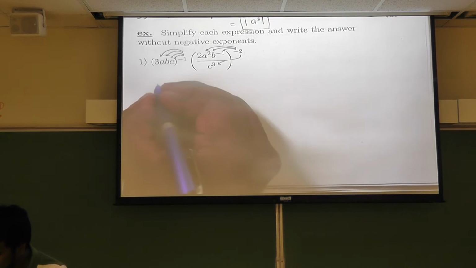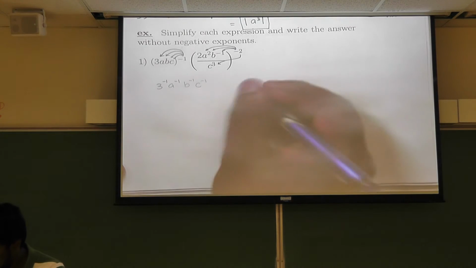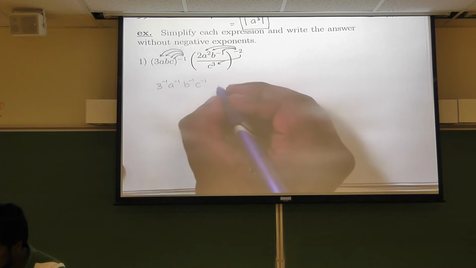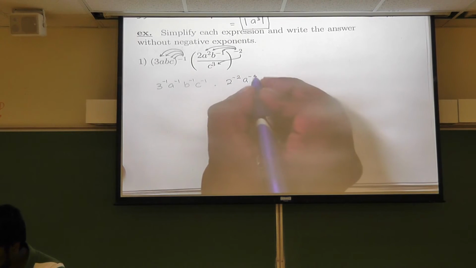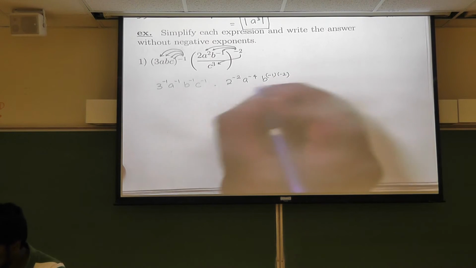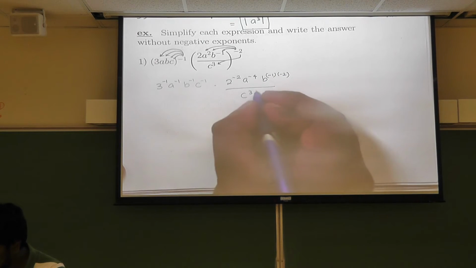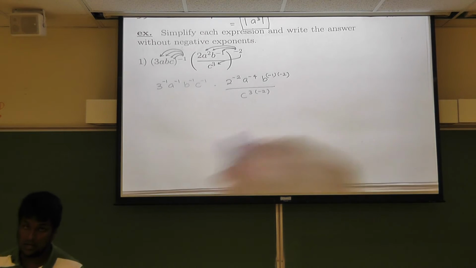So what I have on the top is 3 to the -1, a to the -1, b to the -1, and c to the -1. And here I have 2 to the -2, a to the -4, b to the -1 times -2, and c to the 3 times -2. That's how exponents work, as you've seen in class.